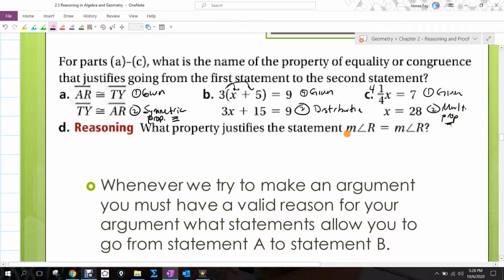Now I say it's debatable because some people will do this because we've been entrusted with calculators and allowed to use those forever. People will do, well, I'm going to divide this by 1/4, which is okay. I mean, 1/4 divided by 1/4 does give me 1. But then they'll come over here and divide this by 1/4. And on their calculator, sometimes they'll get this right, sometimes they'll get this wrong. Sometimes they'll take 7 divided by 1, which gives you 7, and then 7 divided by 4 does not give you the 28 that we're looking for.